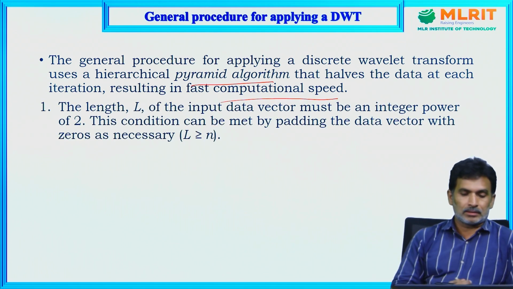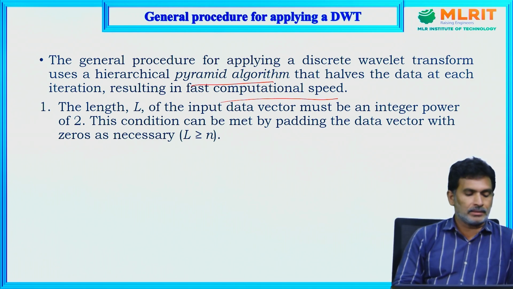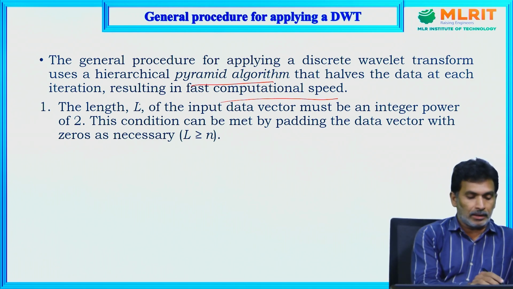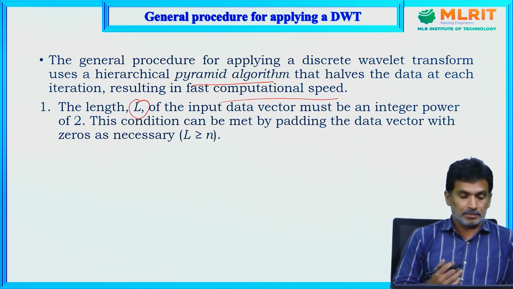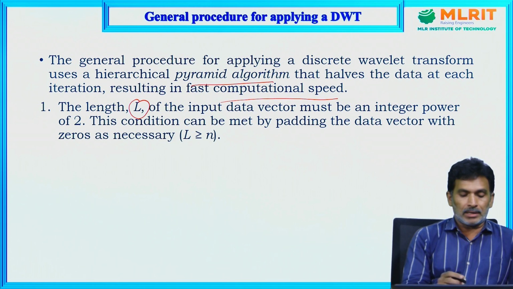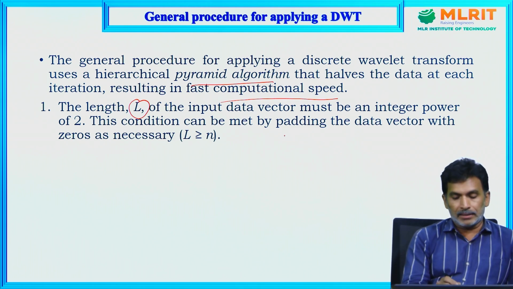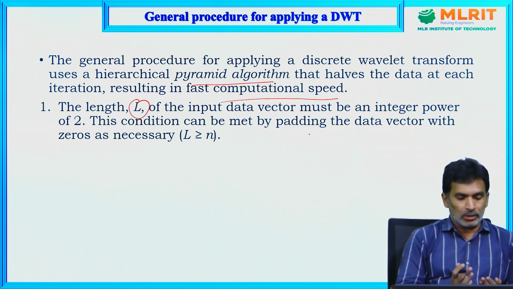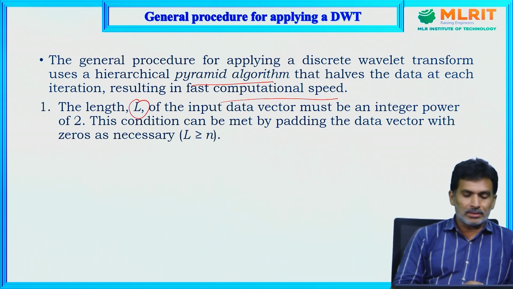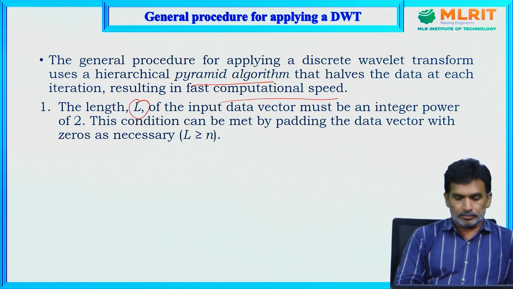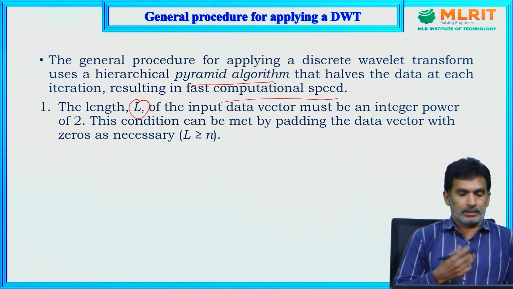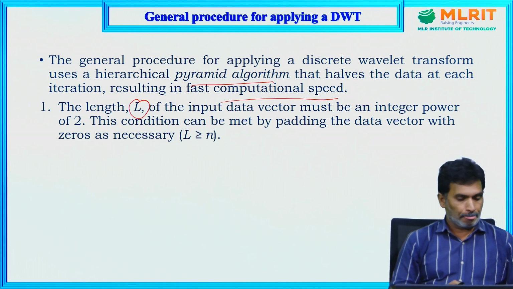In this procedure, the first step is to check that the length L of the input data vector must be an integer power of 2. If it is not, we can apply padding to the vector with as many zeros as necessary.